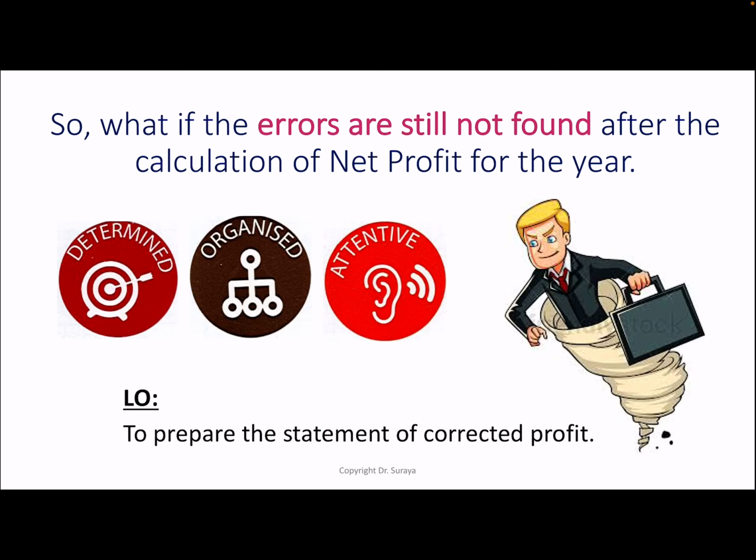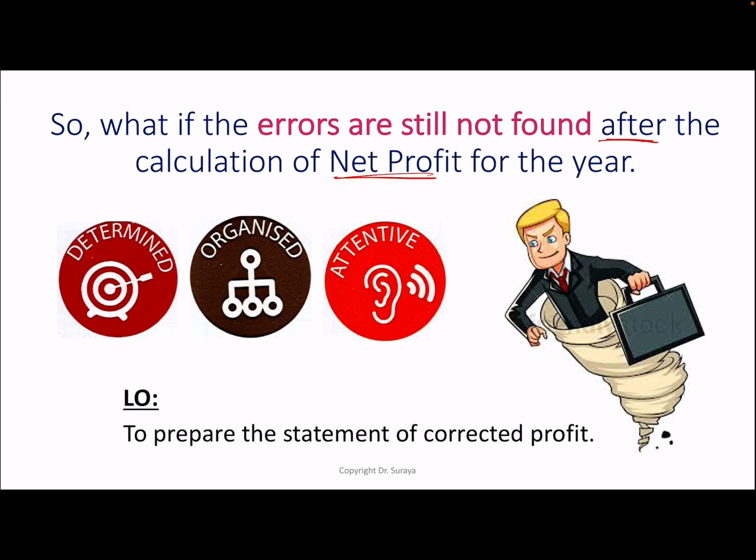What if the errors are still not found after the calculation of the net profit? So you calculated the net profit, but you still haven't found all the errors. You have used the wrong figure to actually do your income statement for the net profit. So what are you going to do?